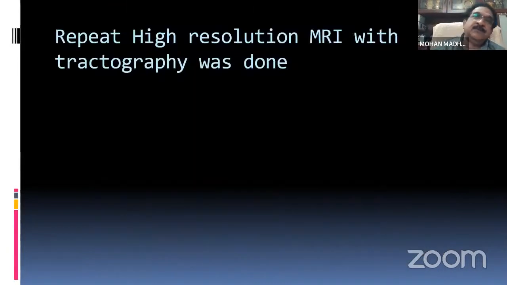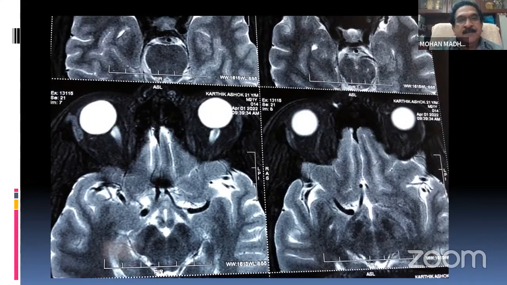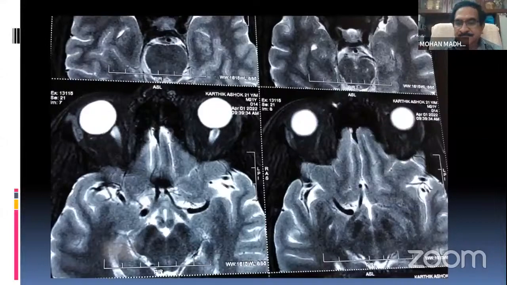Then I wanted to do a tractography, because sometimes I've seen brainstem gliomas infiltrating where you won't find any gross abnormality. Years later only they come up to the surface, because they insinuate along the tracts. So I did a 3T MRI, concentrating on the midbrain and the upper brainstem, and DTI was also done to find any tract involvement.